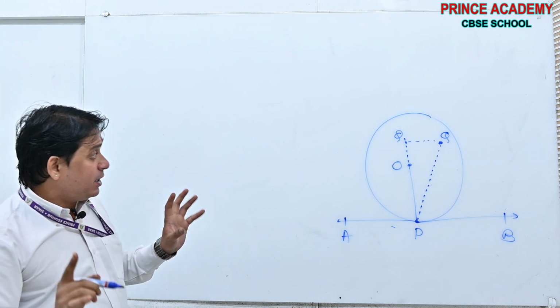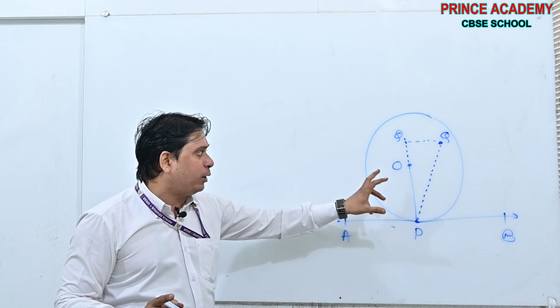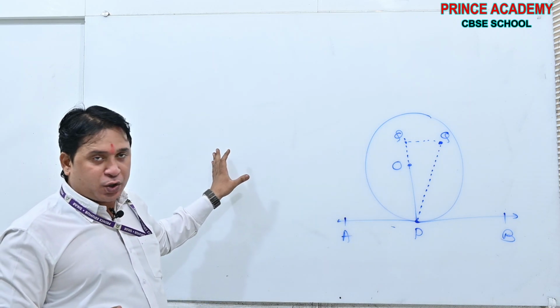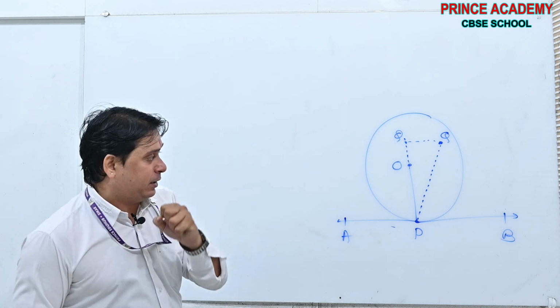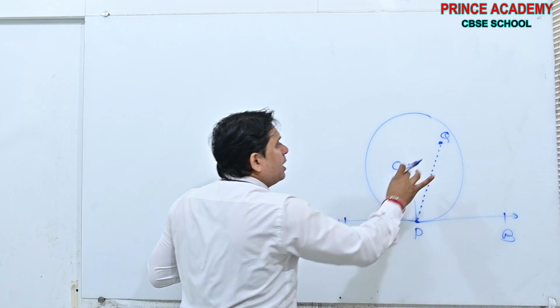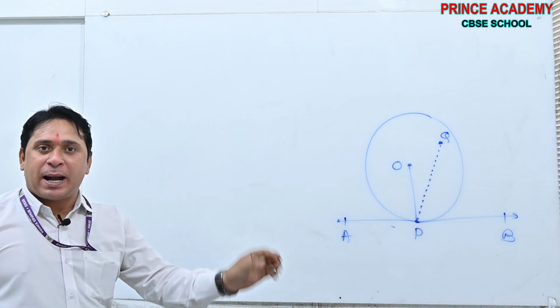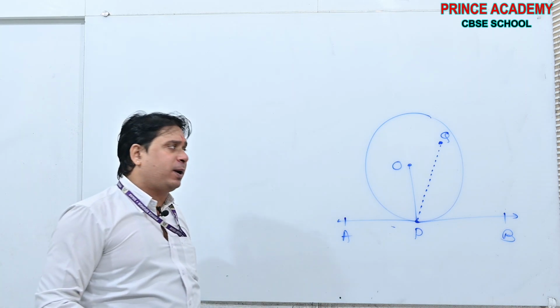Yeah, are you getting my point? Now this is just for observation. I am not going to solve the question right now. Firstly, I am trying to make you visualize the fact. See, what is the question? Every perpendicular should pass through the center, at the point of contact.